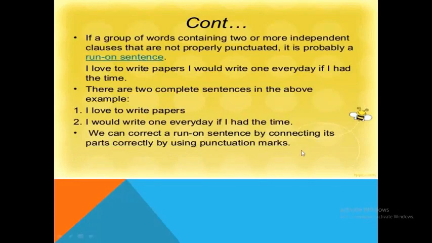Likewise, if a semicolon is put after one independent clause here, this sentence would become a correct sentence, where the first independent clause ends right after I love to write papers.